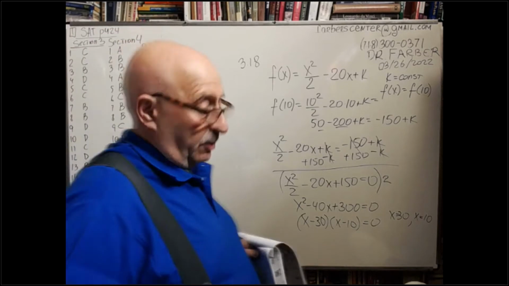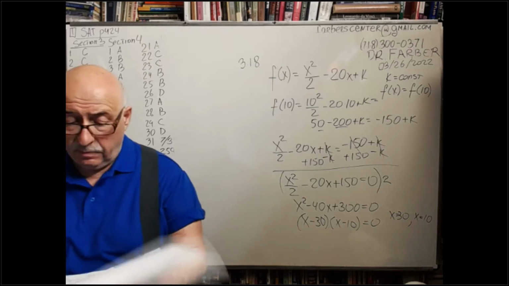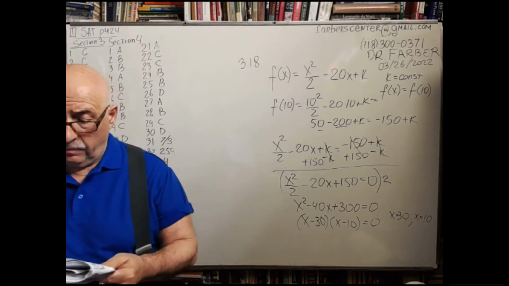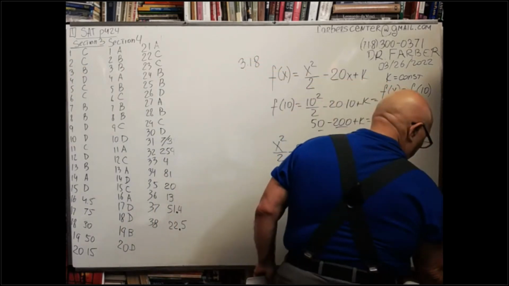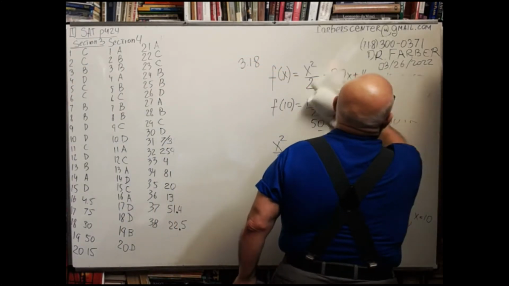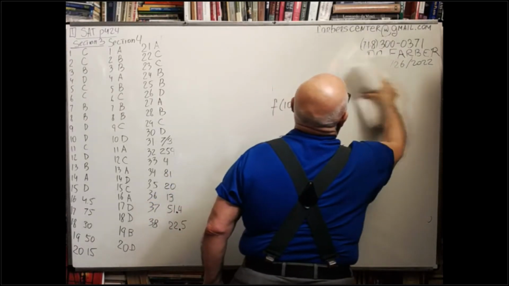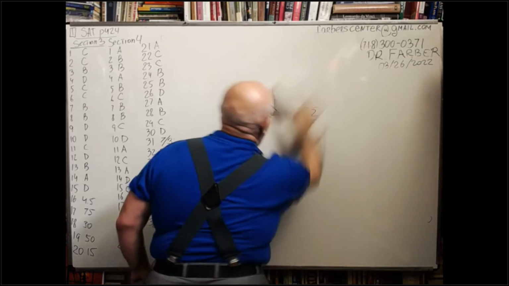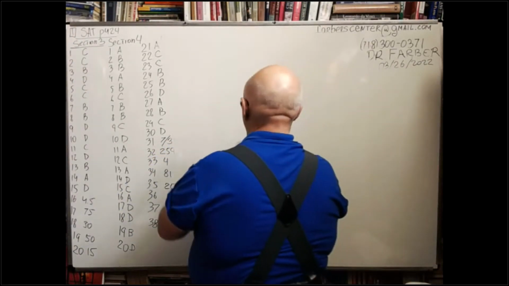Good. Let me go to the next one. It was the 18. Let's go. What is it? 319. In 319, let's make drawings.